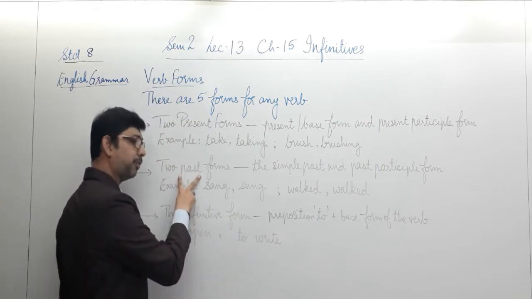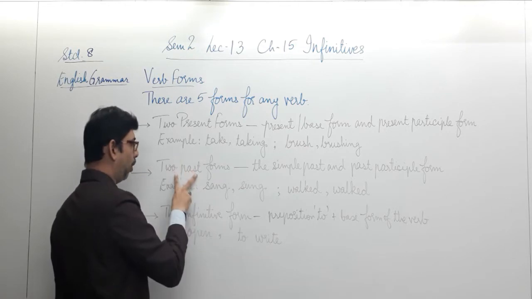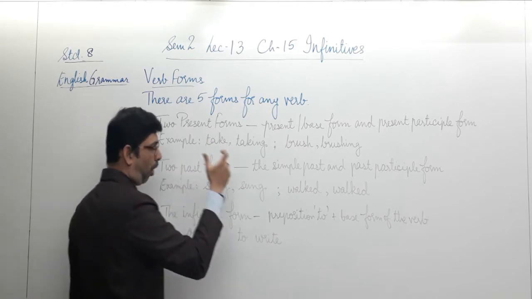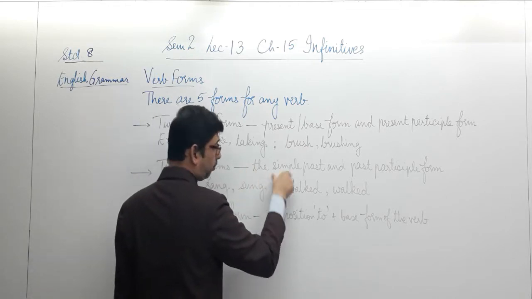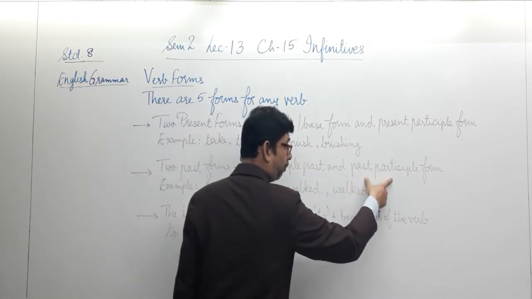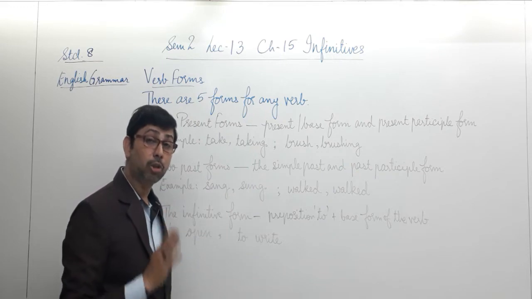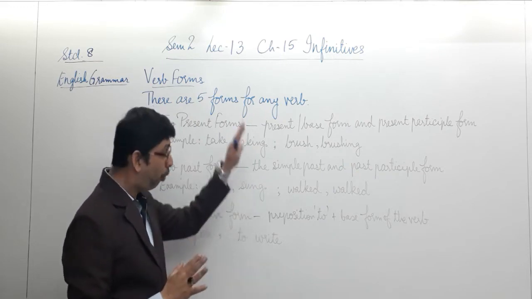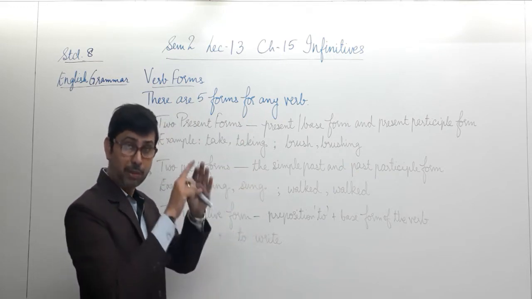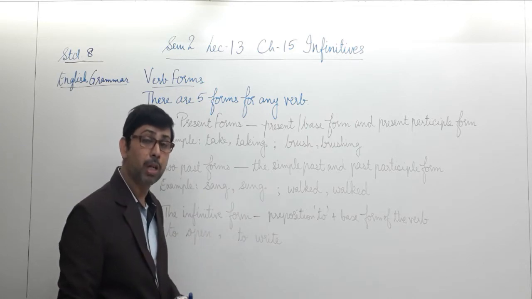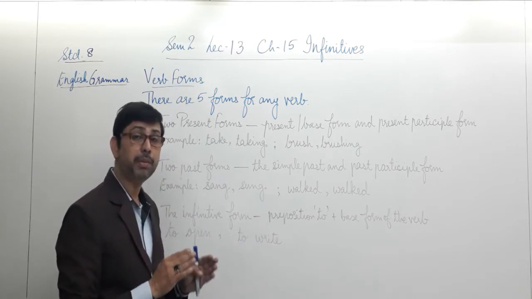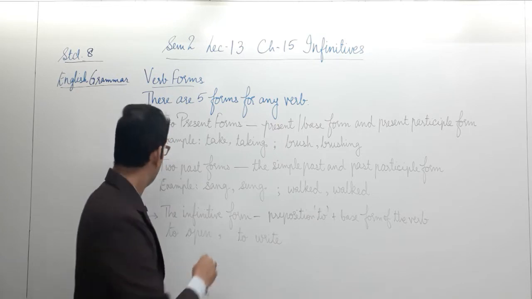Further, we have got 2 past forms. Out of the 5 forms, we have got 2 past forms, of which one is the simple past and the other is the past participle form. Well, it's very important for every student to have the acknowledgement of these 4 forms particularly. You must have come across a set of words in the previous class textbooks.